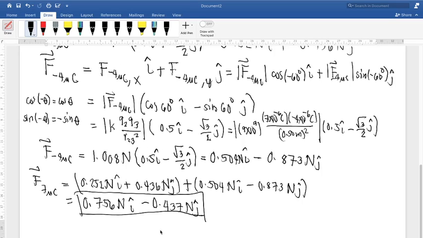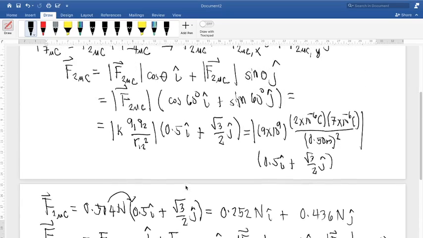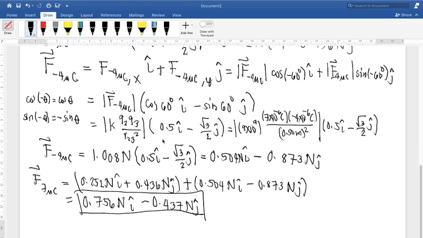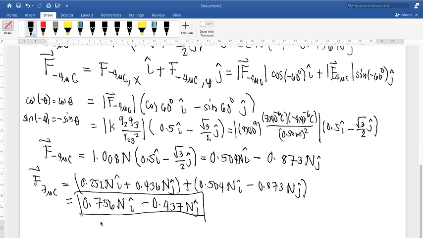So meaning asa man ni naka-locate ang atong net force exerted on the 7 microcoulomb. Kung tan-aw nato ang force vector sa atong 7 microcoulomb, ang imuhang i hat is positive, but imong j hat must be negative. So meaning that the net force vector is actually located in quadrant 4 because the x component is positive and the y component is negative.